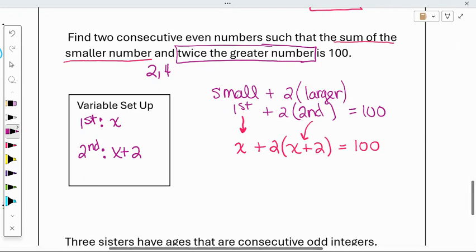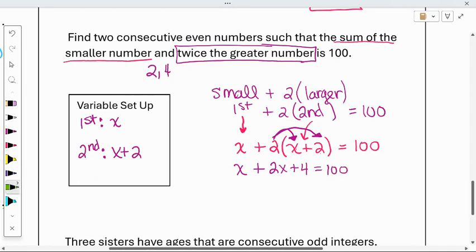Do you feel like you can walk us through the first step to simplify? What do I have to do with my parenthesis first? Distribute. Good job. So we have to distribute that 2 through. 2 times x is 2x. 2 times 2 is 4, equals 100.